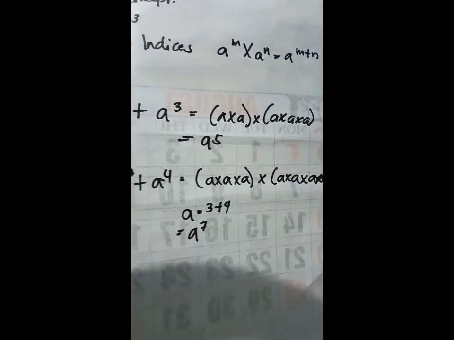Another example: a to the power of 3 times a to the power of 4 is equivalent to (a times a times a) times (a times a times a times a), which is a to the power of 3 plus 4, a to the power of 7.